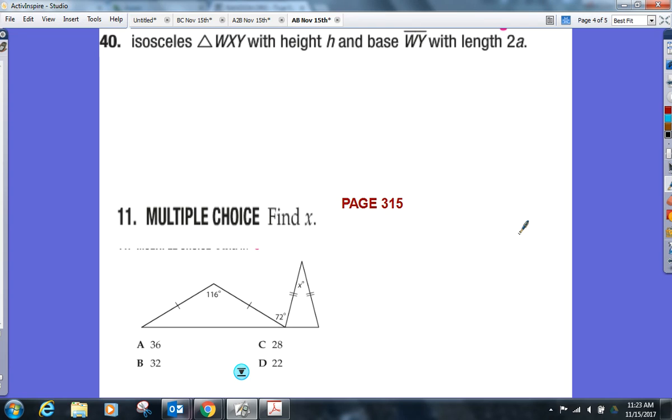40. You guys tell me you draw it out with the correct variable coordinates for 40. Isosceles triangle WXY, height of H, and a base of 2A.